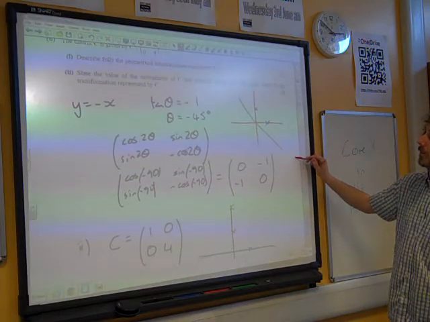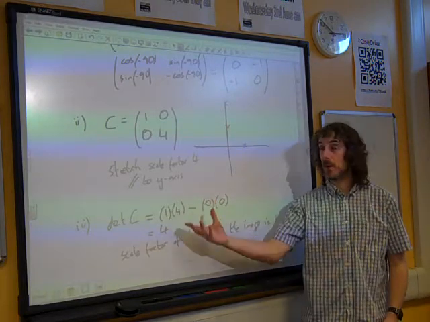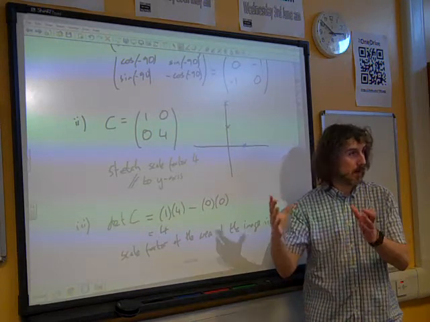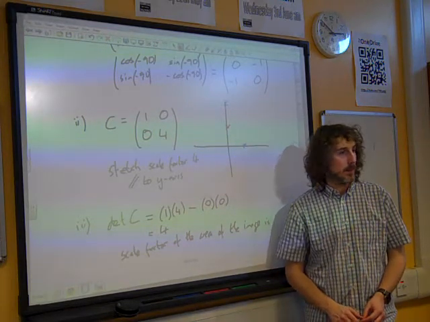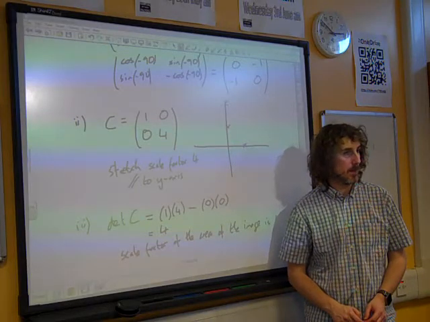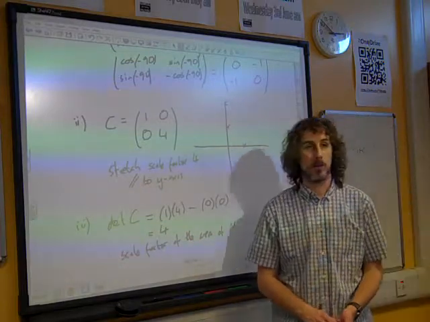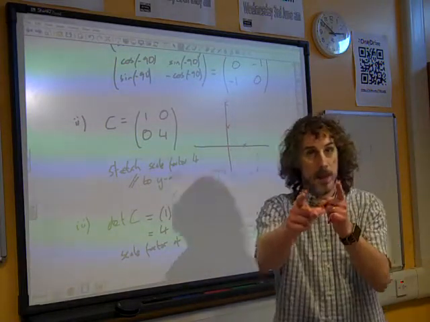And that's always what happens. So the determinant of our transformation matrix tells us about the scale factor of the area of the image after the transformation. Happy? Ish. As I say, we'll do a bit more in my class with the transformations of graphs at some point. Transformations of matrices. And that's maths.